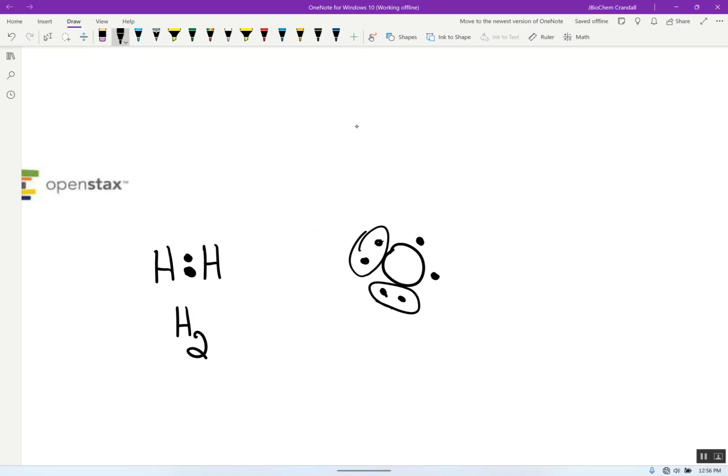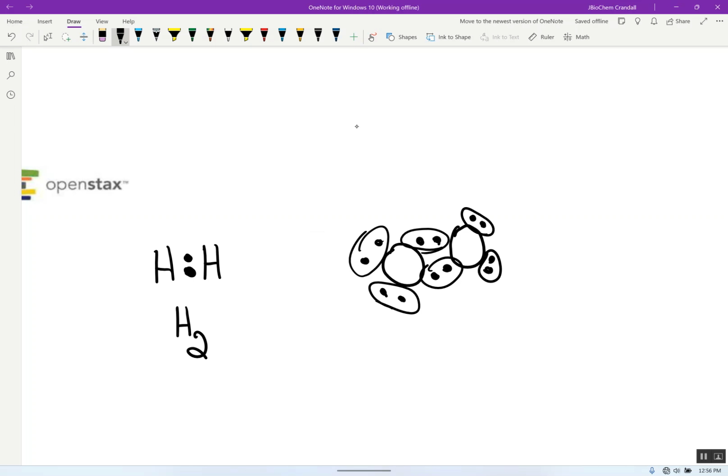So, how do we help oxygen exist? Well, we get another oxygen that has 2 unpaired electrons and 2 paired electrons. And now we have just created what we would call a double bond.